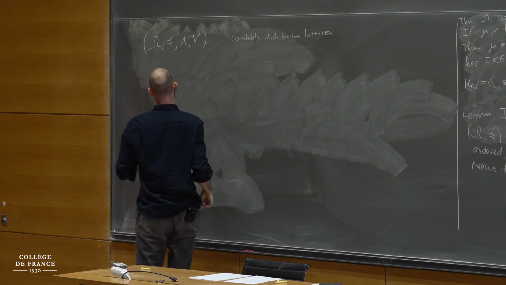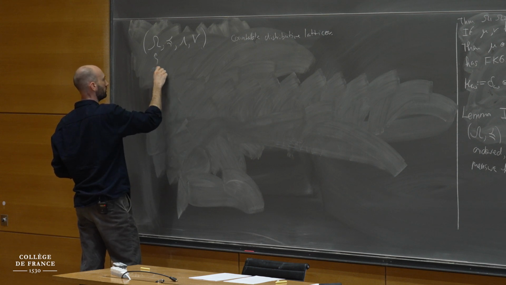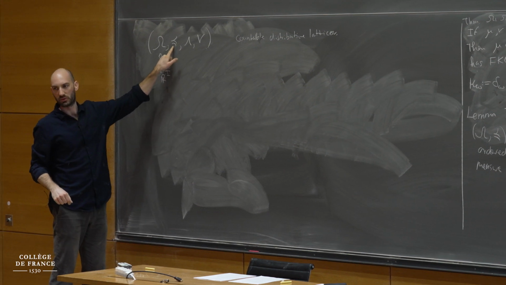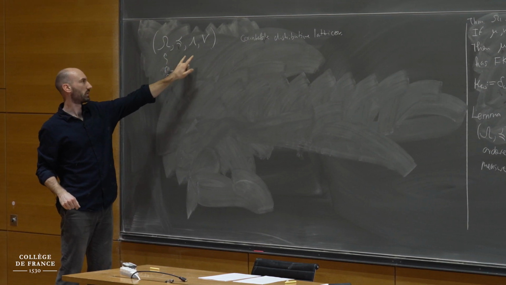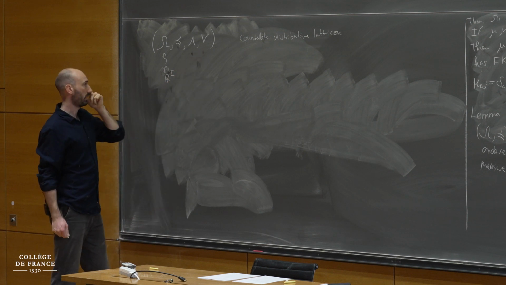So in practice, what that means is just that this is going to be a subset of R to some index set. This is just a natural partial ordering, and here we're just taking the pointwise minimum and the pointwise maximum.